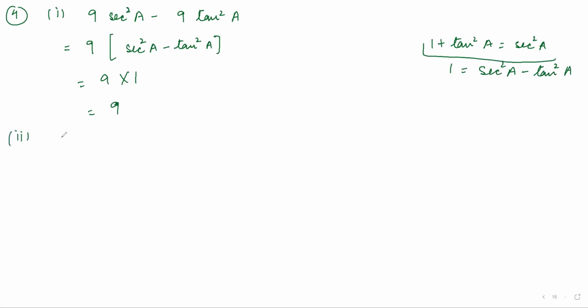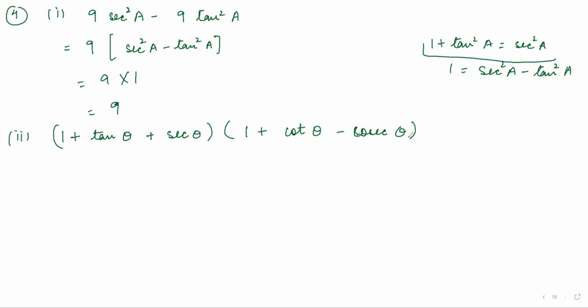Second, 1 plus tan of theta plus sec of theta, multiplied by 1 plus cot of theta minus cosec of theta. You have to simplify this.